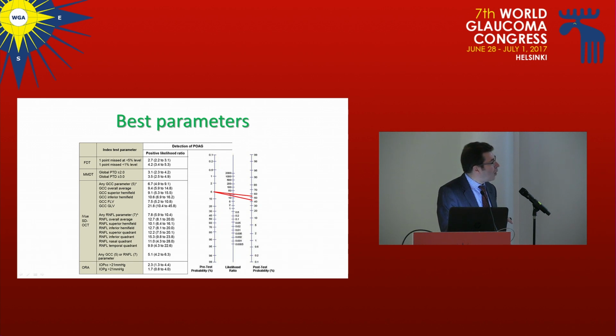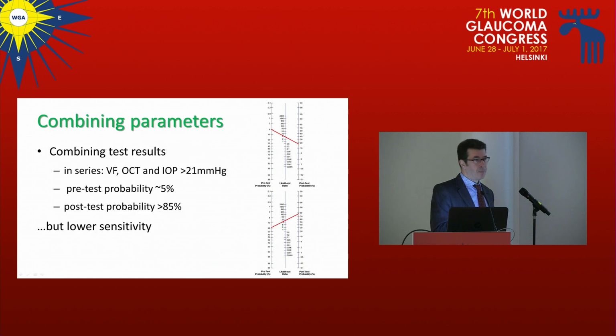If we apply that to our population, 5% we knew had glaucoma at baseline. After the test, the post-test probability improves to between 40 or just over 50%, just on the basis of either of those OCT parameters. So this is something that's very useful for refining the likelihood of glaucoma in patients in front of you.